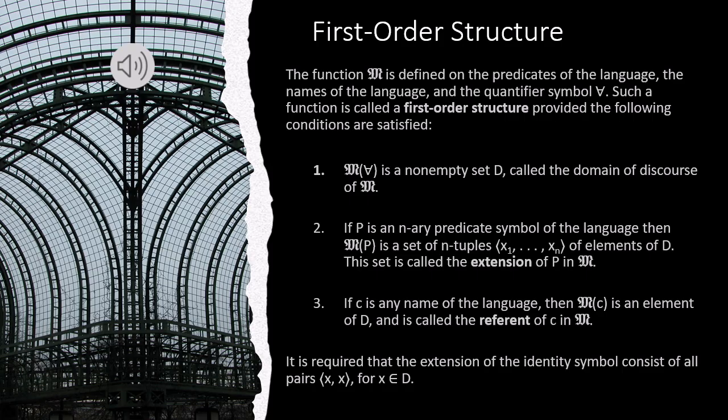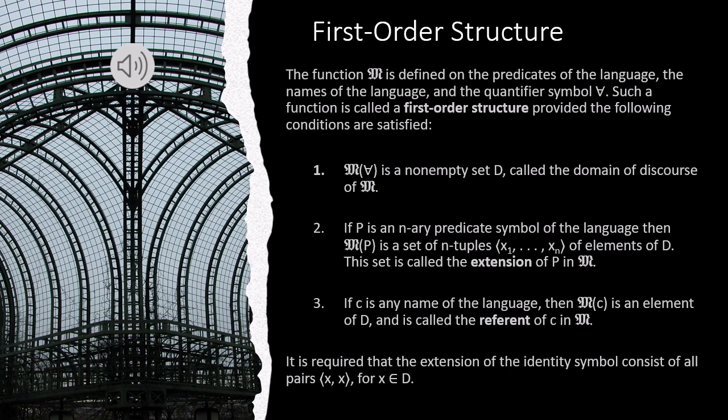So we're now in a position to define the notion of a first-order structure in set theory. And the reason we need to introduce first-order structures is that they play the same role as truth tables did for propositional logic, but now in the setting of first-order logic, where we're introducing and eliminating quantifiers in our proofs.